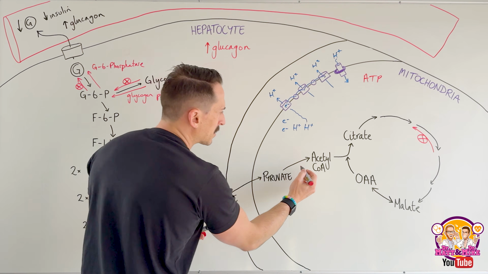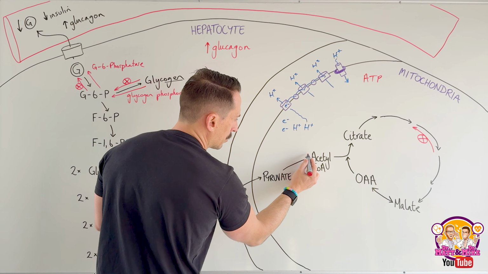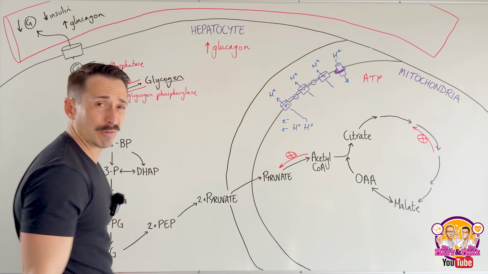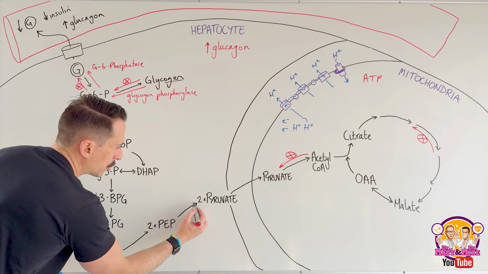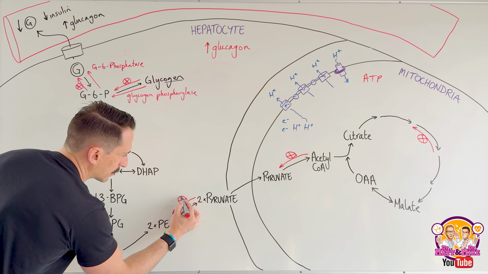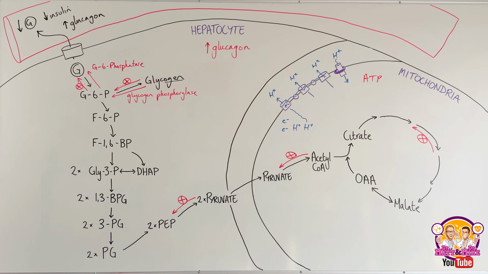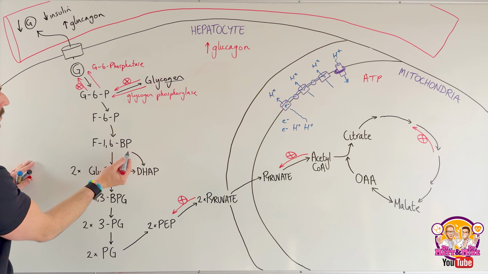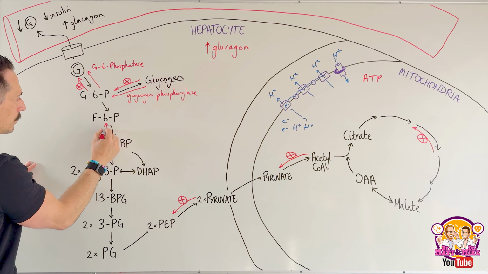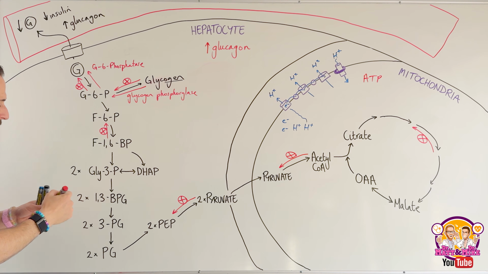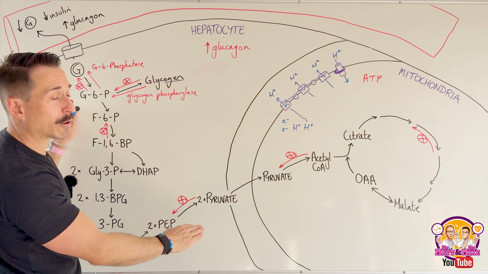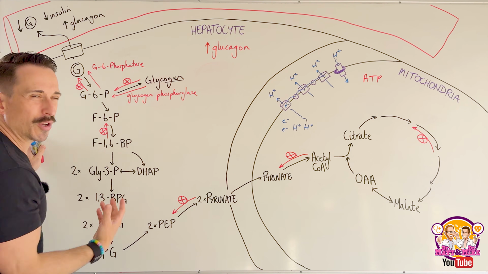But acetyl-CoA cannot turn backwards into pyruvate. And pyruvate cannot turn backwards into phosphoenol pyruvate. And we can't turn fructose 1,6-bisphosphate backwards into fructose 6-phosphate. So in actual fact, there's 3 steps of glycolysis that don't go backwards, right?